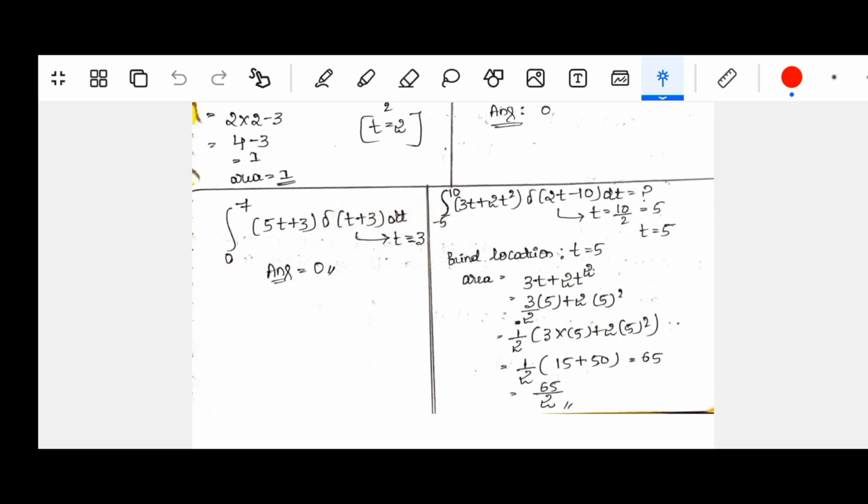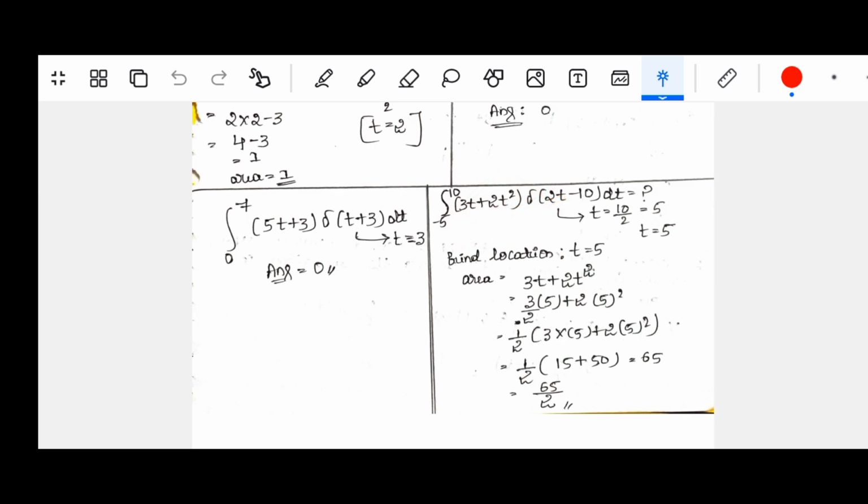Next question. Integration from -5 to 10 of (3t + 2t²) δ(2t - 10). First find out the location. t = 10/2, which means the answer will be 5. Therefore the location will be 5. Let's find out the area. Keep that 5 in the place of t in this equation. First make the solution of this equation.